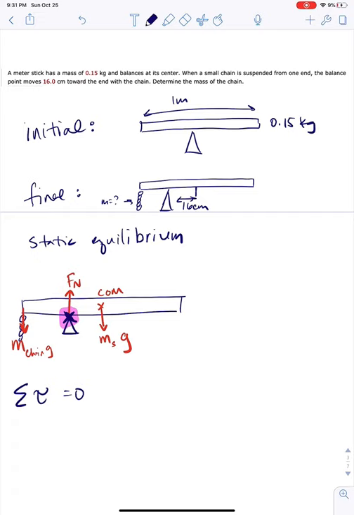So one of them is from the mass of the meter stick. That is exerted a distance 16 centimeters from our axis of rotation. So our torque from our stick is the mass of our stick times G times 0.16 meters.